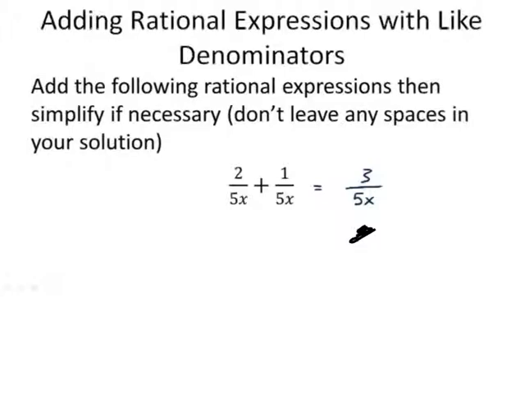Alright, so here if we add 2 over 5x plus 1 over 5x, we're going to get 3 over 5x. Alright, and in your solution, don't leave any spaces.